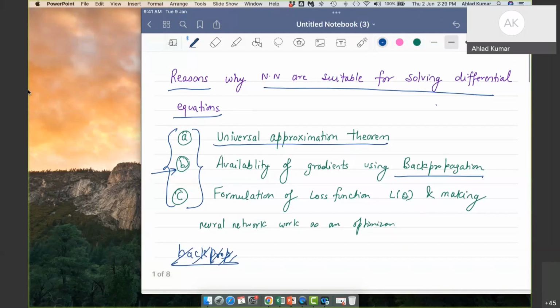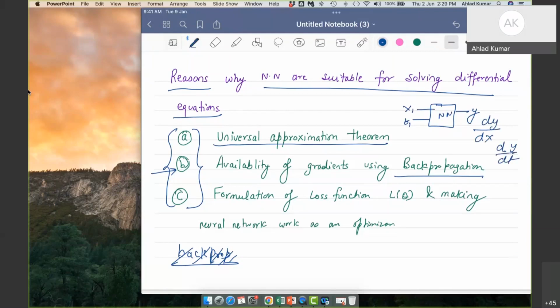For example, if you have a neural network with output y, and you have two inputs, let us say x1 and t1, because this is a differential equation which involves space and time. Once you formulate this neural network and do the training process, when you do back propagation, you will always have the derivatives of dy with respect to dx, and dy with respect to dt.